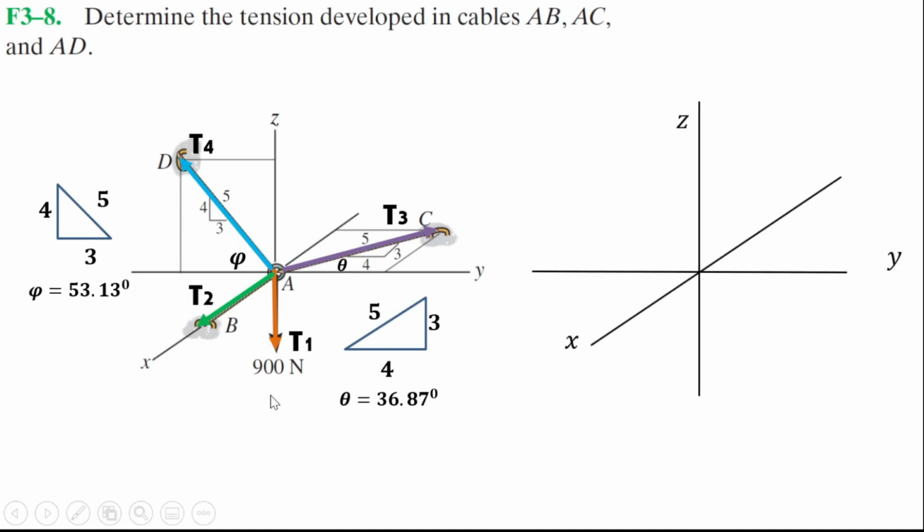Let's draw this in a free body diagram. My T1 again is going down. Since this is along the negative Z axis, there are no components needed.